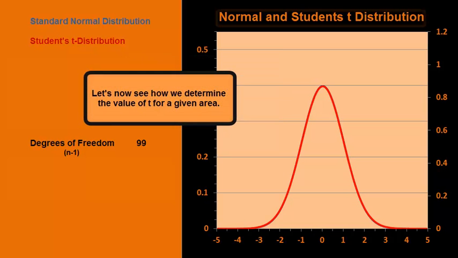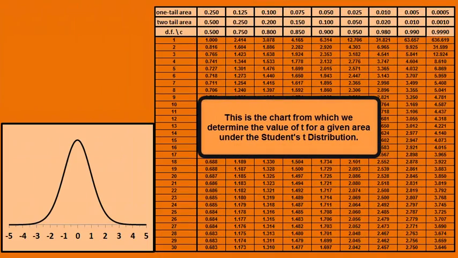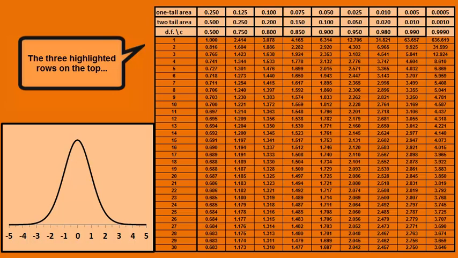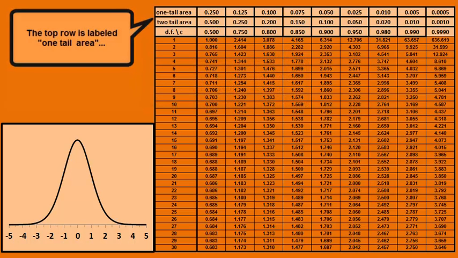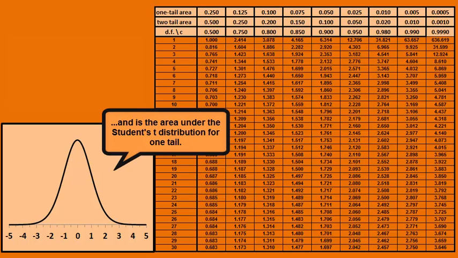Let's now see how we determine the value of t for a given area. This is the chart from which we determine the value of t for a given area under the student's t distribution. The 3 highlighted rows on the top represent the area we are dealing with for the problem at hand. The top row is labeled one-tail area, and is the area under the student's t distribution for one tail.